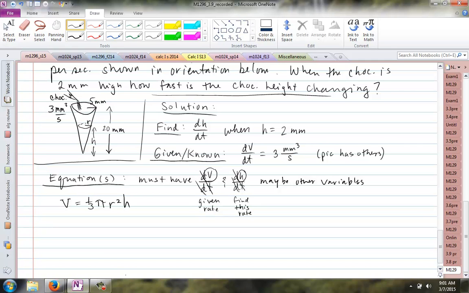How can I write another equation or a constraint that will help me boil this overall volume equation down into something that doesn't have an r? We could summarize that: need to get rid of the r with another equation. And I'll put in parentheses that dr over dt is not given.